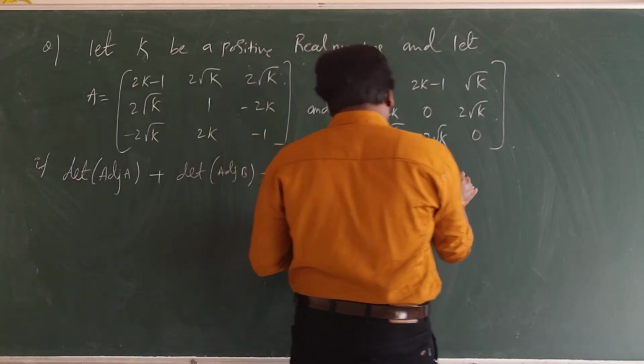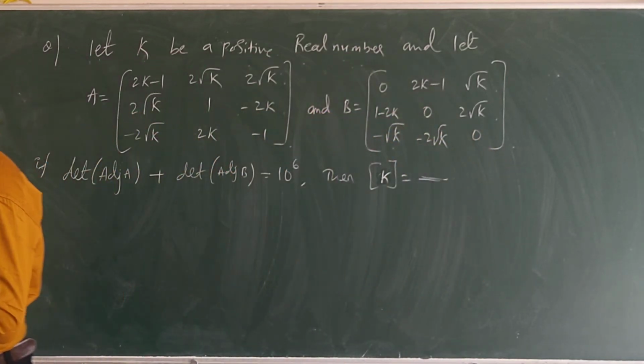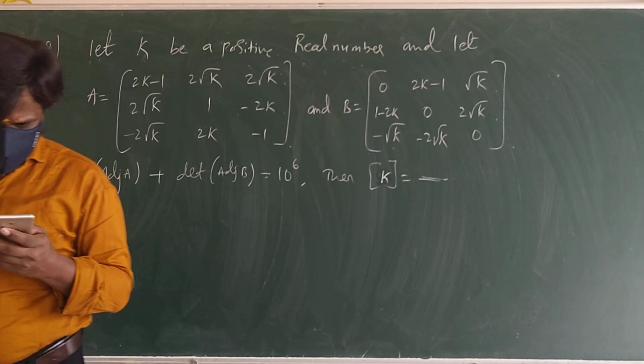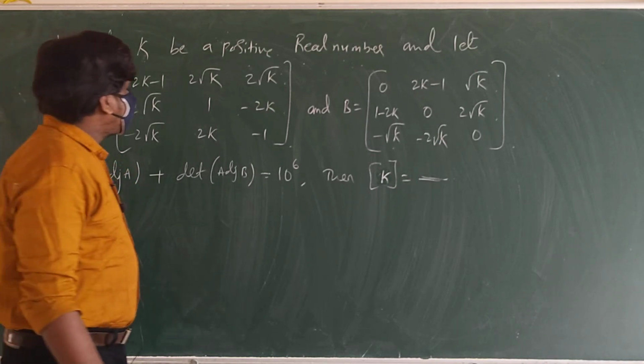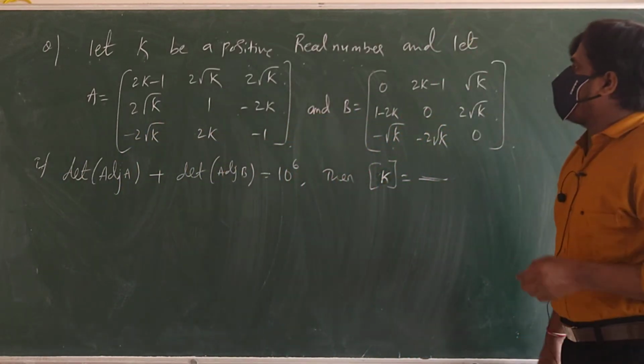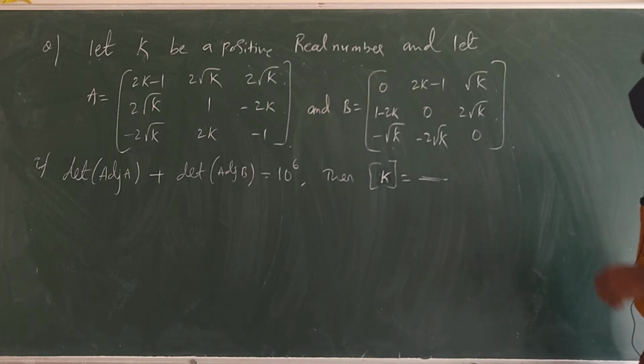The note says adjoint M denotes the adjoint of the square matrix M.